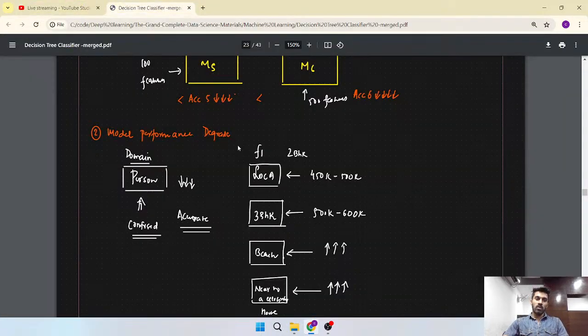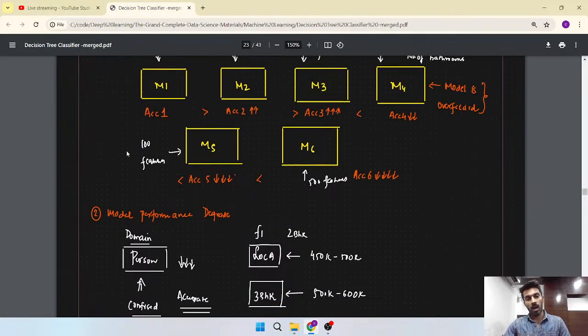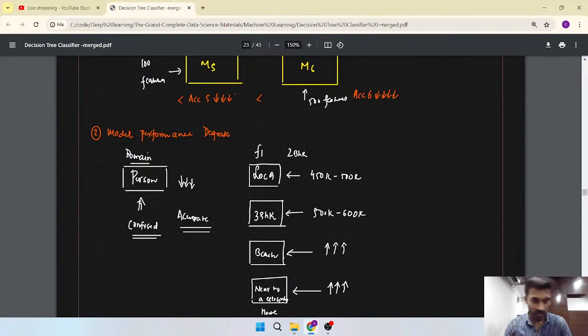Now let's continue our discussion. So how is feature selection done? Suppose you have a dataset with 100 features, then directly apply covariance, or we can say a variance matrix.